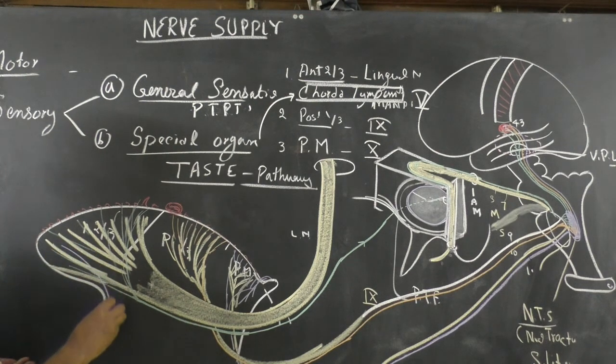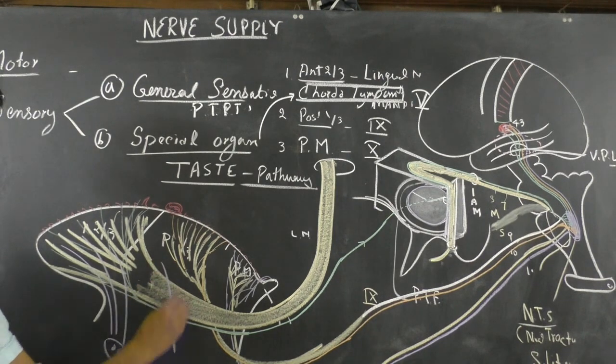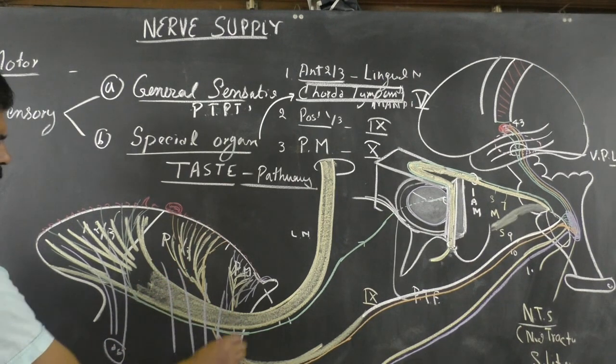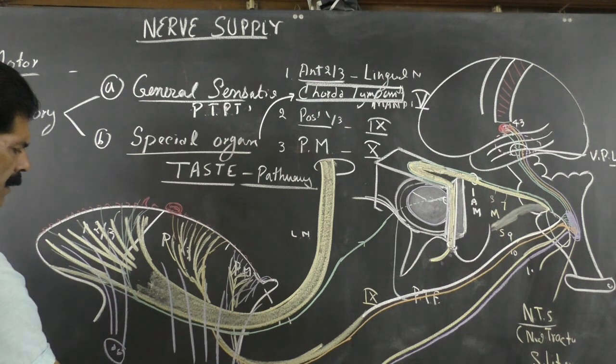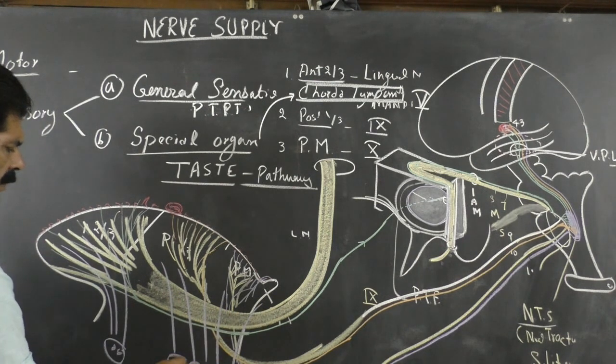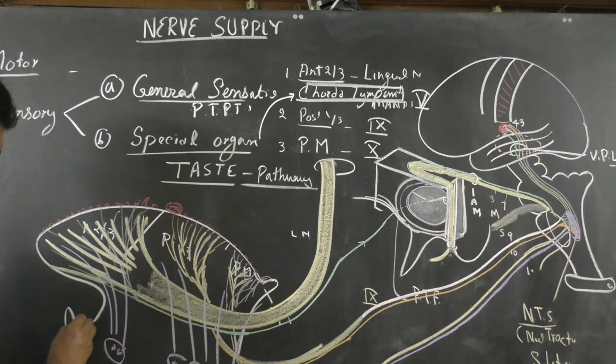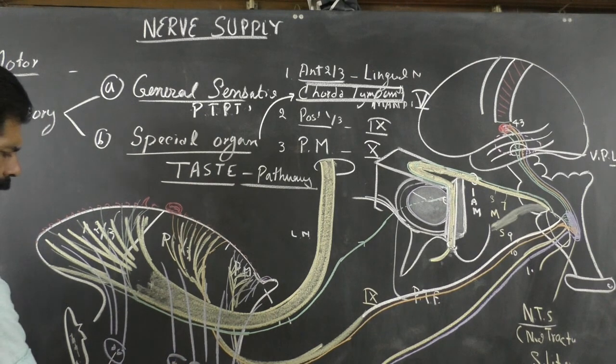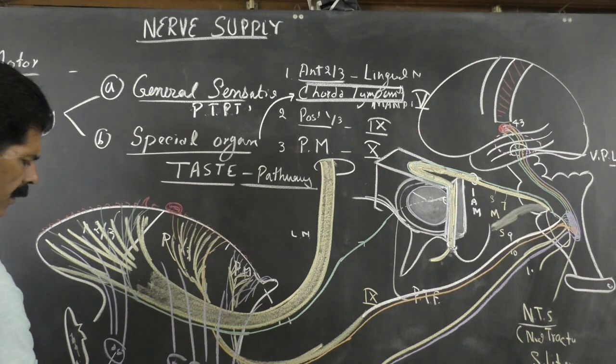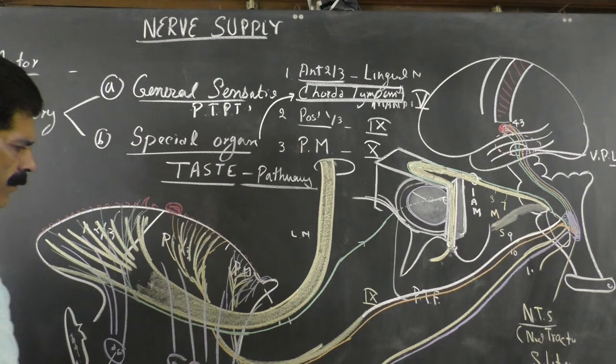anterior part, is carried by the submental group of lymph nodes. The posterior part, the lymphatic drainage is done by the submandibular group of lymph nodes. So just below the mandible, this is the submental group of lymph nodes, and this is the submandibular group of lymph nodes.